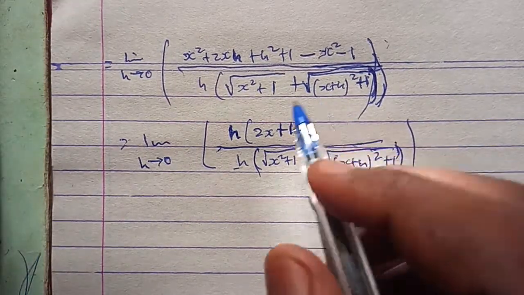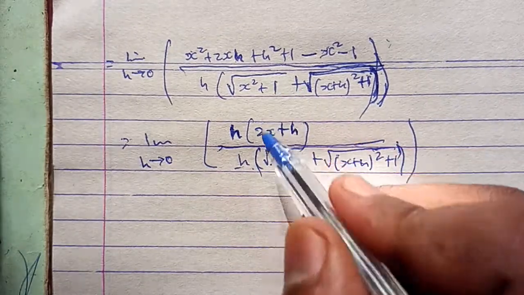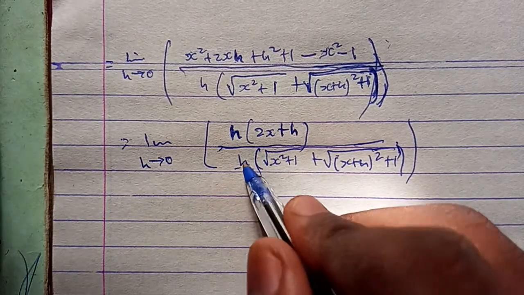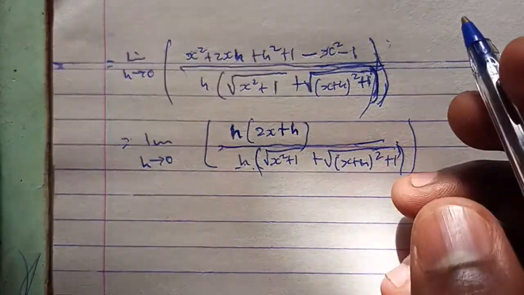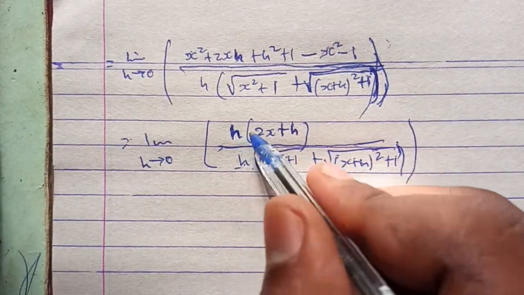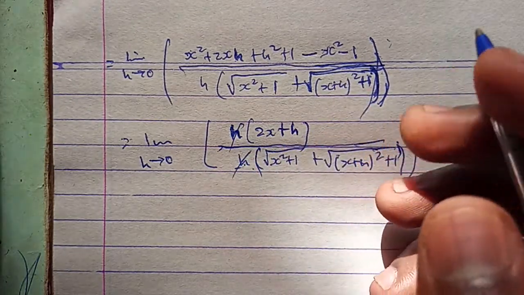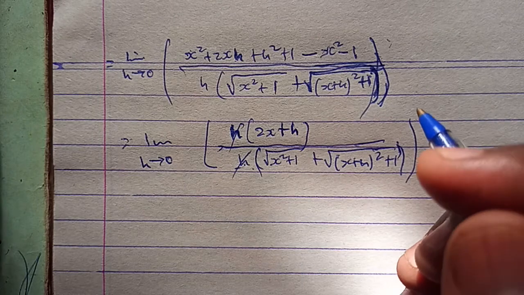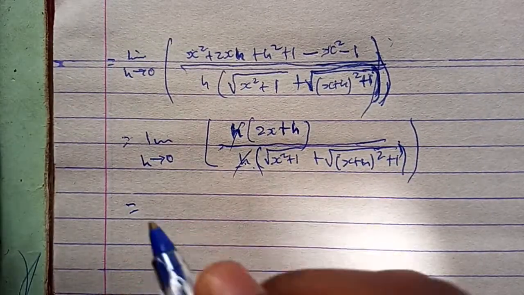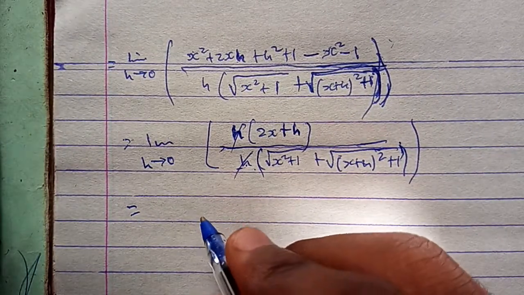Then we realize that here there is h, and here there is another h, and normally it is always because of this h that we get undefined, usually, but not always. And so we quickly do away with both h, and after doing away with them, we can now see that 0 can be plugged in.